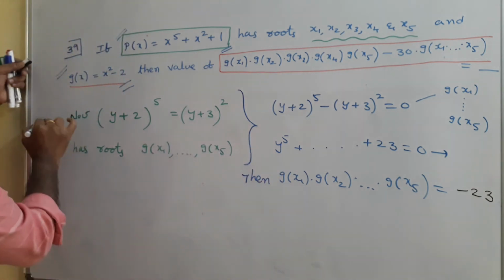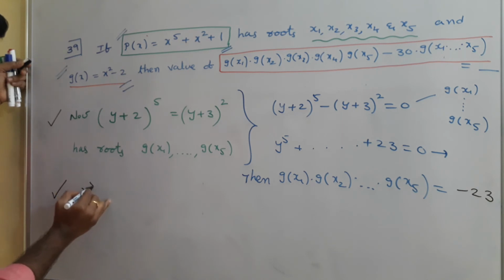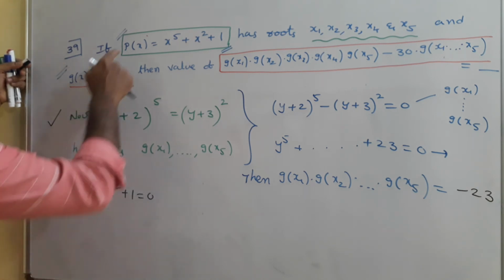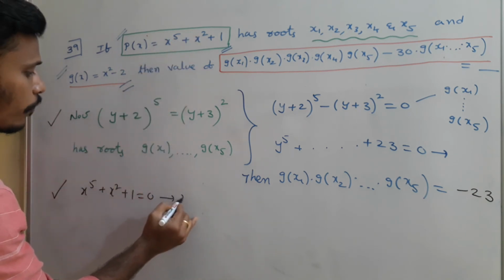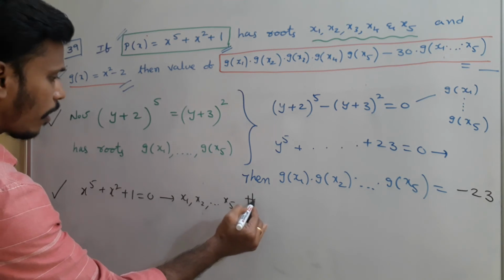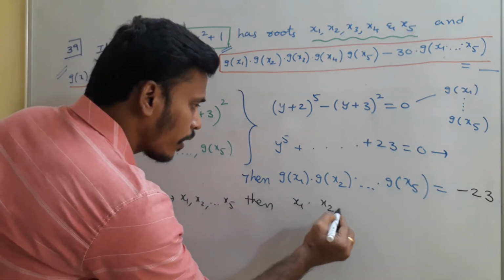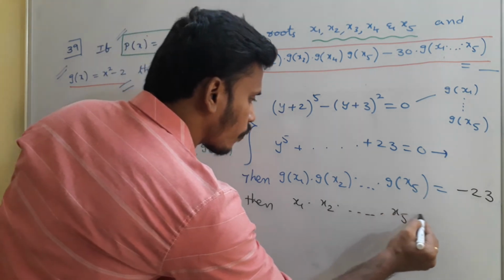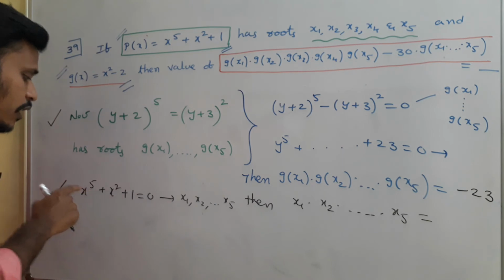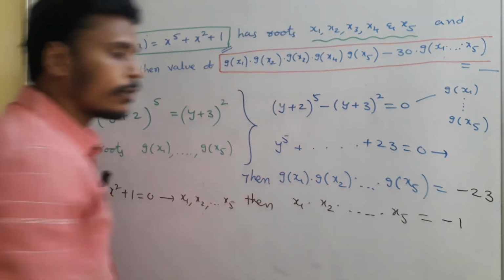Okay, this is one thing. Another part is this particular equation, x to the power 5 plus x squared plus 1 is equal to 0. This polynomial equation has 5 roots, x1, x2 and so on up to x5. From there, again the product of the roots, x1 into x2 into and so on into x5. What is the product of all these roots? Again, since it is a fifth degree equation, minus of the constant, so minus 1.